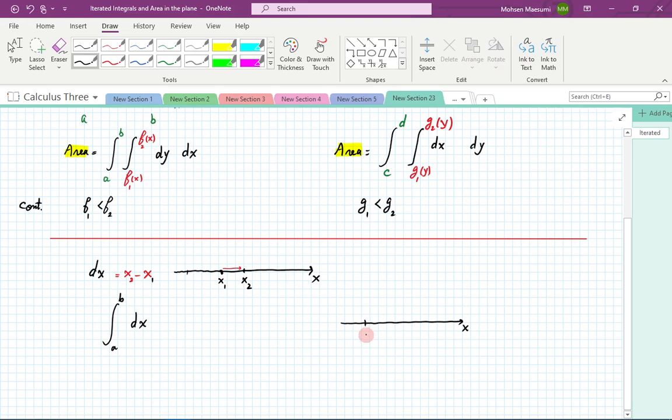We start our displacement or our journey at the location A. We make some displacement, go somewhere, another displacement, and so on until we arrive at the location B. So this integral simply refers to the sum total of all of these displacements. If you start at A and finally reach B, the total displacement, the sum of all the displacements, is simply B minus A.